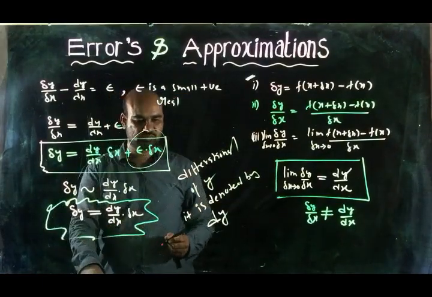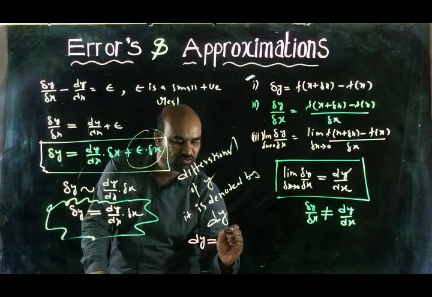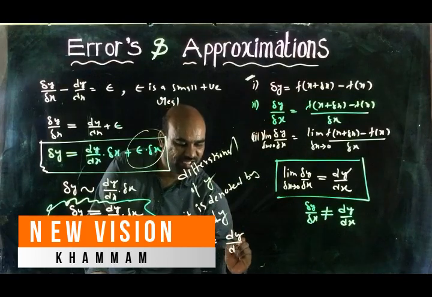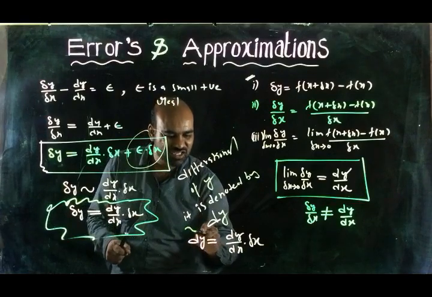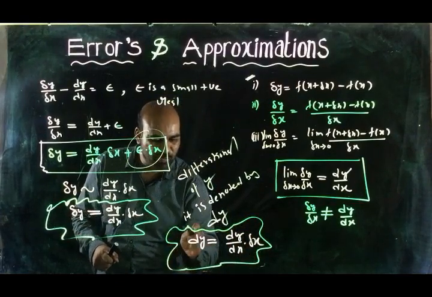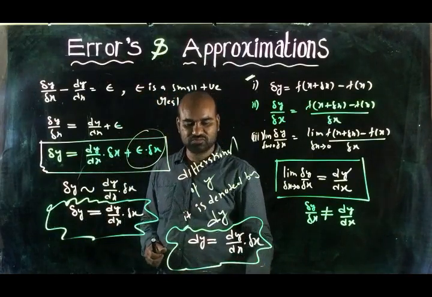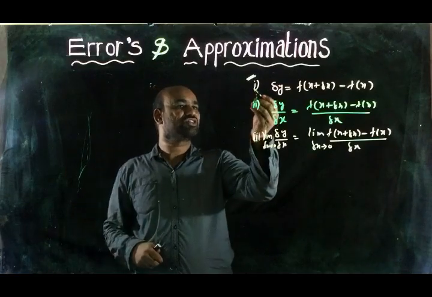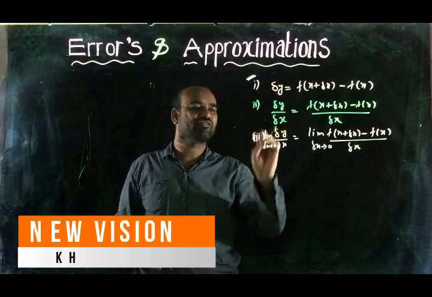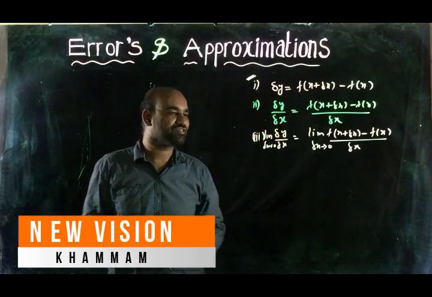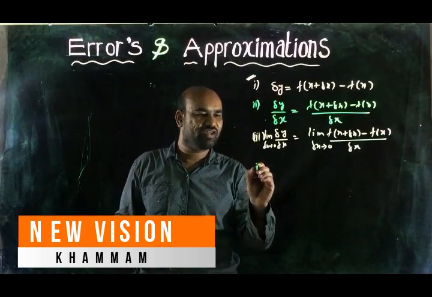By using dy equal to dy by dx into delta x, you can find the approximate change or approximate error in y with respect to x. Students, by using the earlier relation you can find the exact error in y. By using another relation you can find the average rate of change of y with respect to x, and by using this you can find the instantaneous rate of change of y with respect to x.